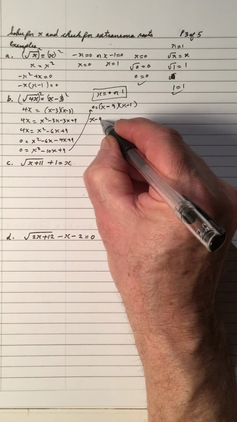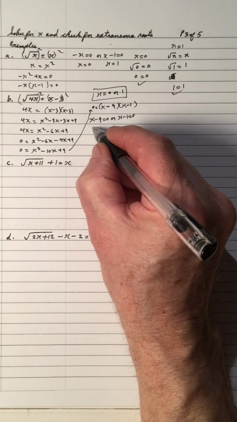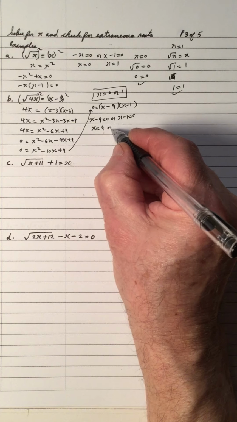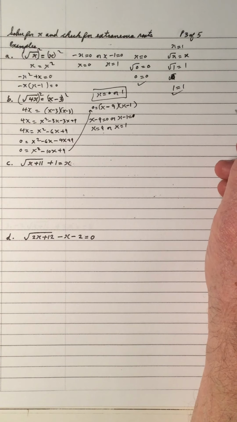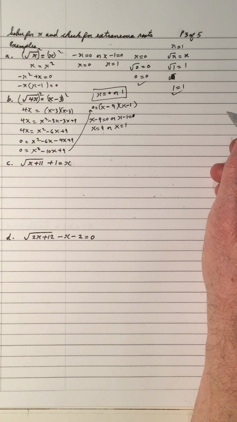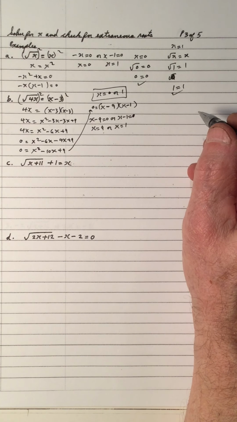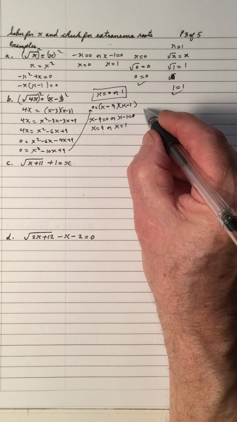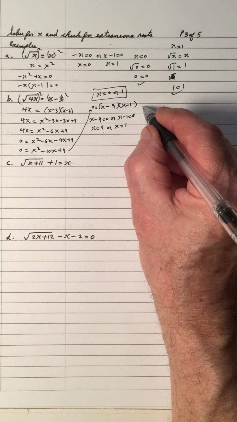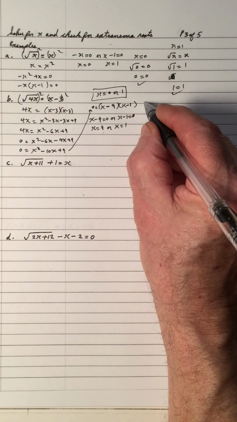So x minus 9 equals 0. x minus 1 equals 0. x is 9 or x is 1. Now we have to check to see if both of them or just one of them fit. Okay, here we go. So let's check with the square root of 4x.